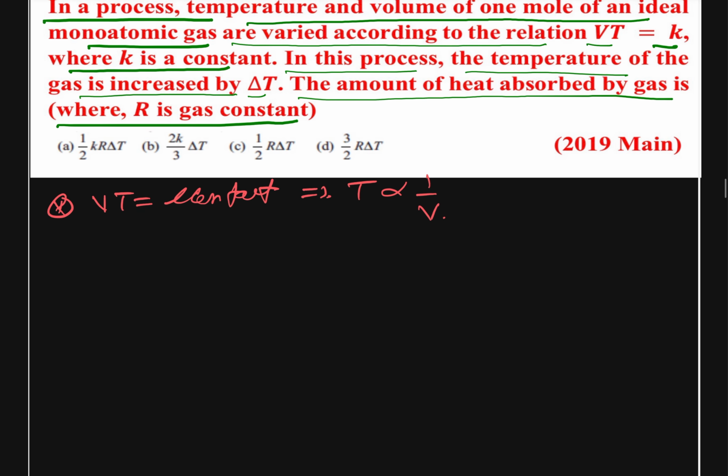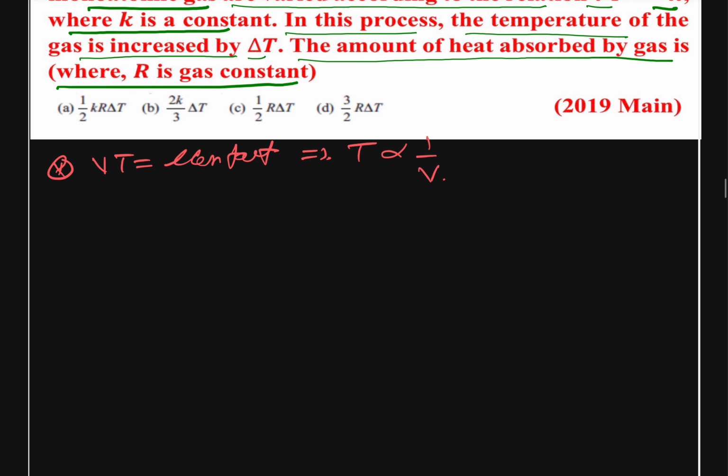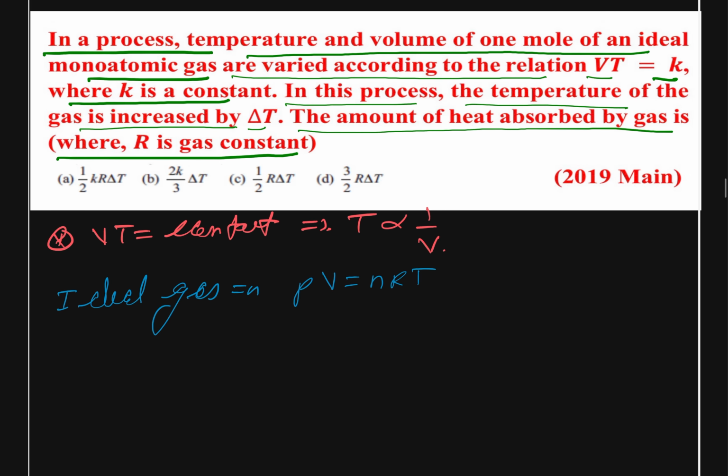And from the ideal gas equation, we have PV is equal to nRT, and n is 1 mole and it's monatomic.